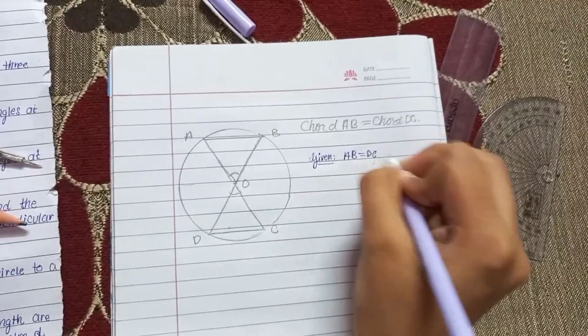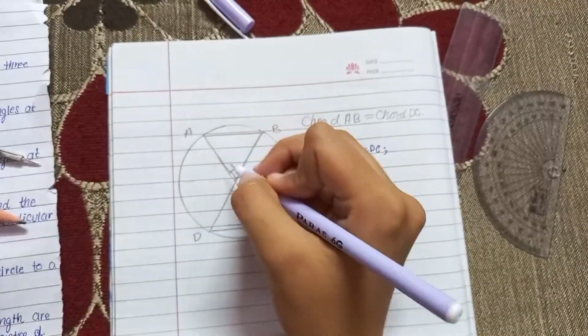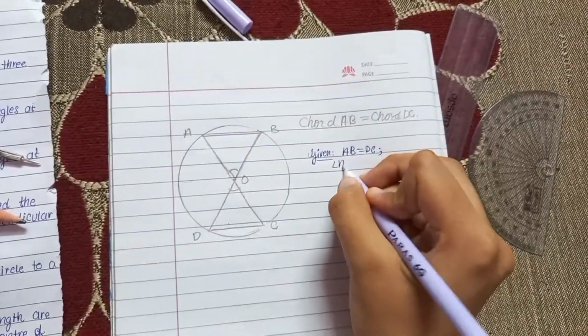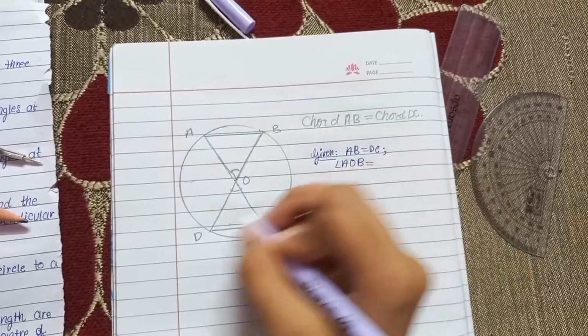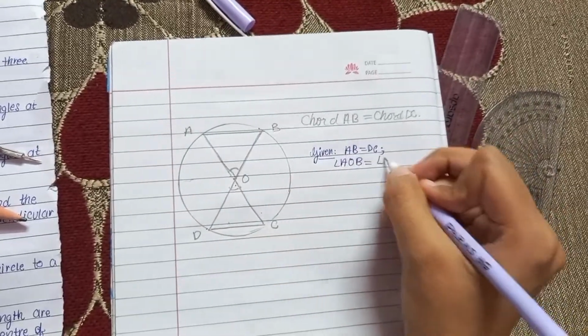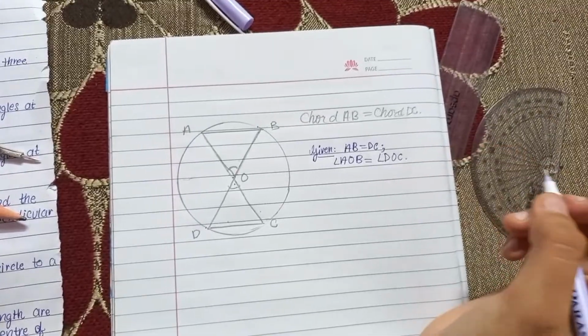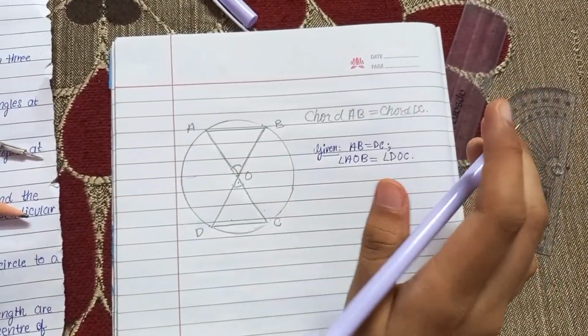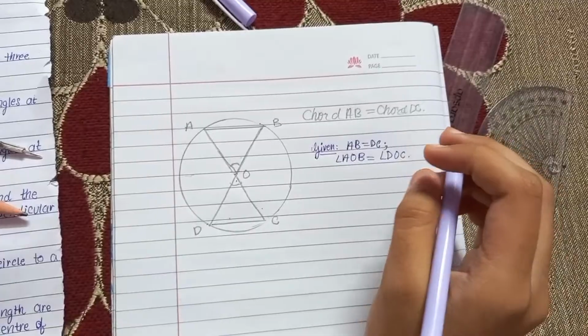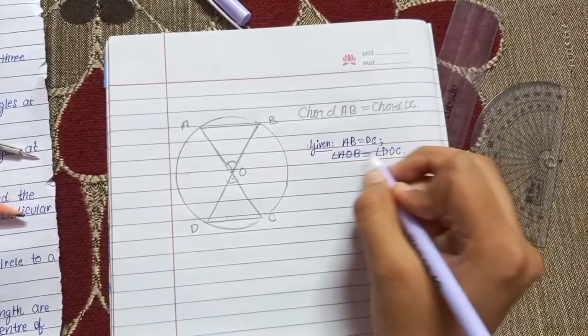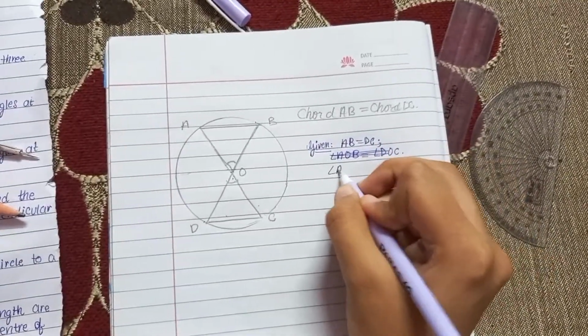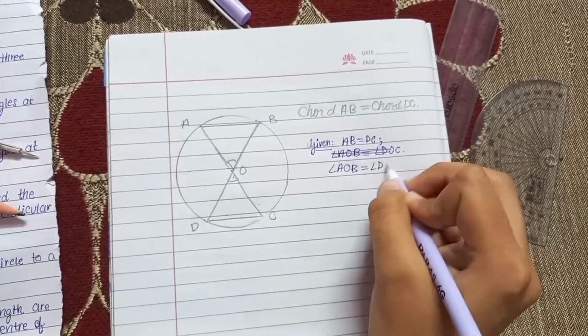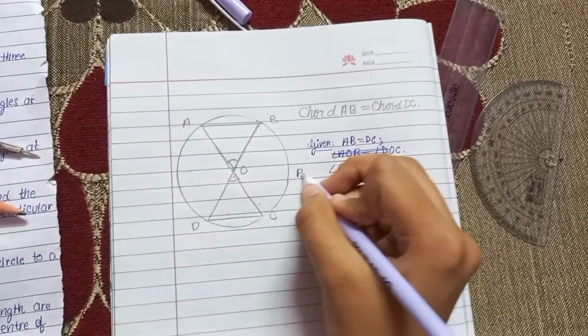AB is equal to DC. What we need to show is that angle AOB is equal to angle DOC. We need to prove this.